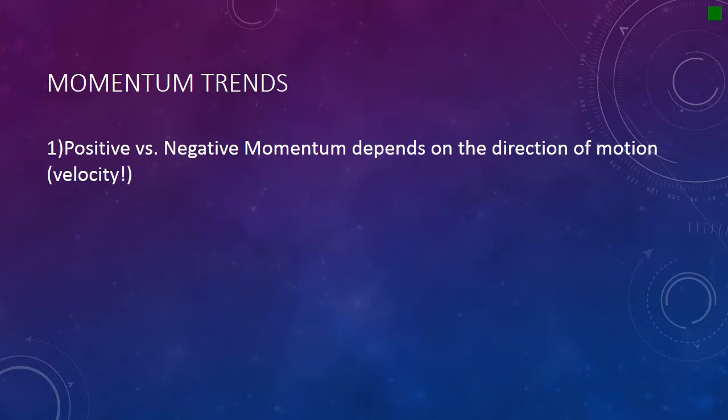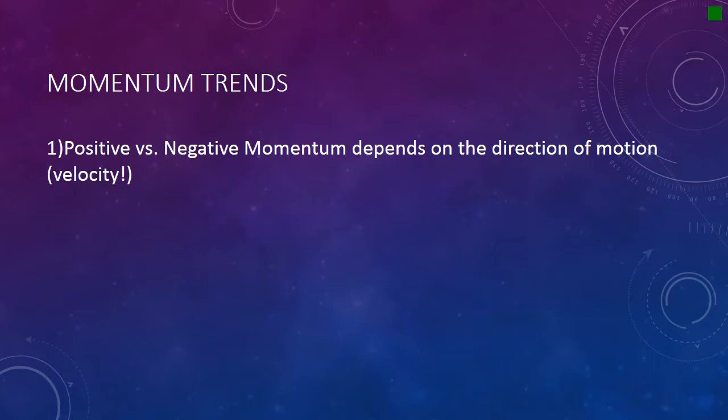Here are some trends. Number one, positive versus negative momentum. Well, you can't have negative mass. You can have a negative change in mass, but your mass number can't be below zero, otherwise there is no object to talk about. So if you want a negative momentum, that simply means that you have decided on a direction for your velocity, and if you chose it to be going in the negative direction, then your momentum will be negative.